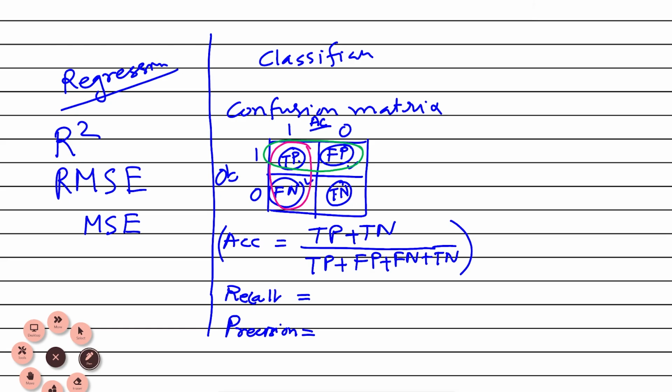The formula for recall will be TP divided by TP plus FN, and for precision it will be TP divided by TP plus FP.